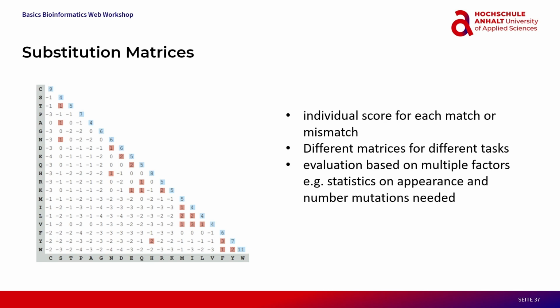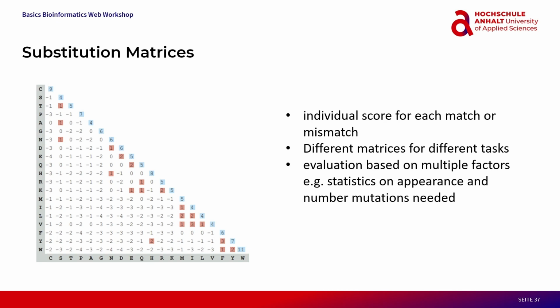The evaluation takes into account both the statistical frequency of the pairing and, in case of a mismatch, the probability of the mutation. The exchange of amino acids with similar character, for example isoleucine and leucine, occurs more frequently in nature than that of amino acids of different character, like isoleucine and aspartic acid.